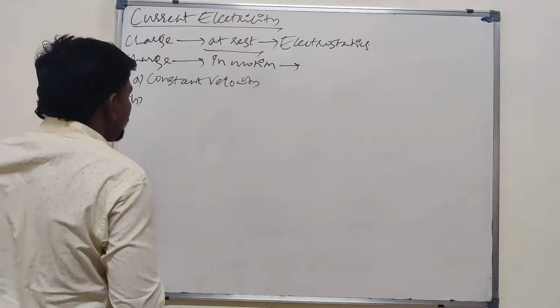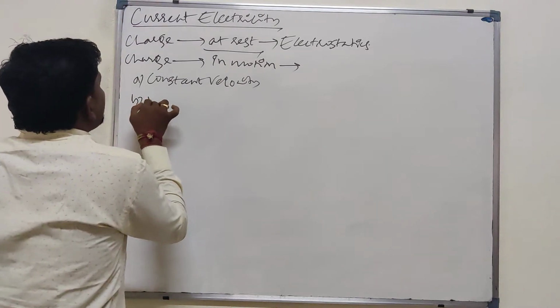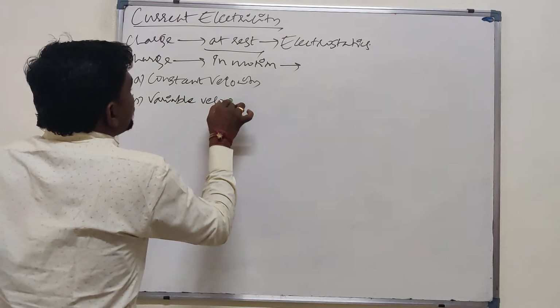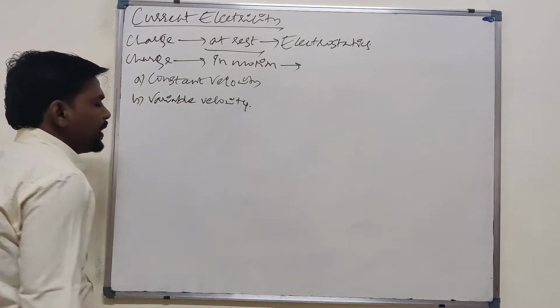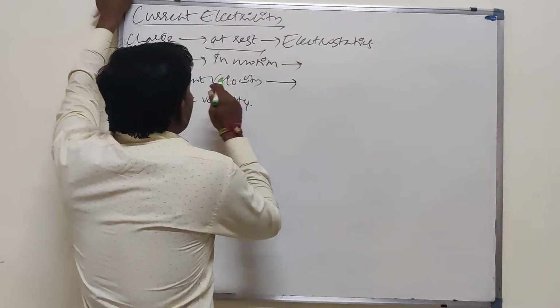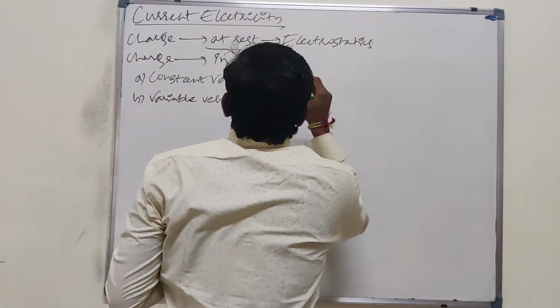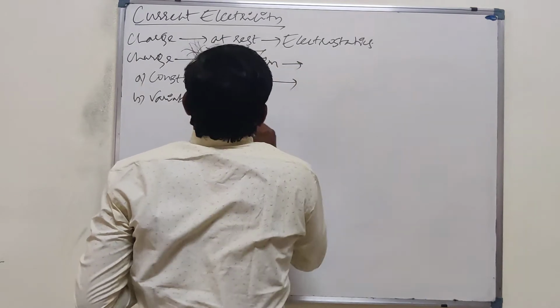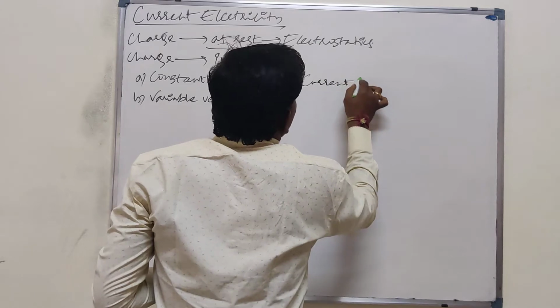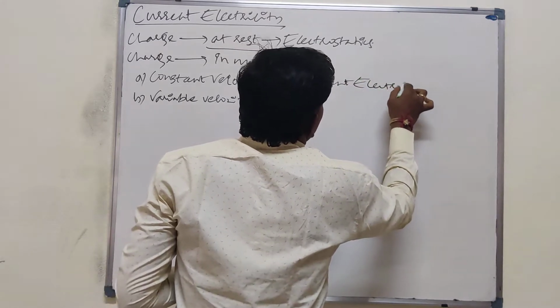Second, the charge has variable velocity. Here, the constant velocity of moving charge is called current electricity.